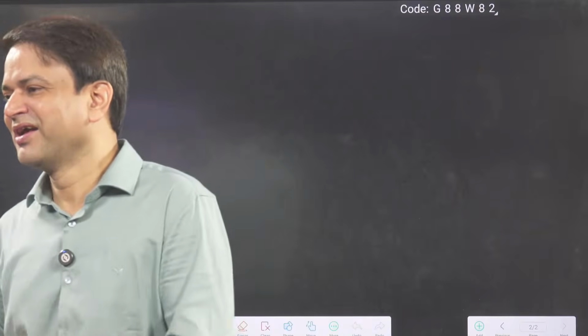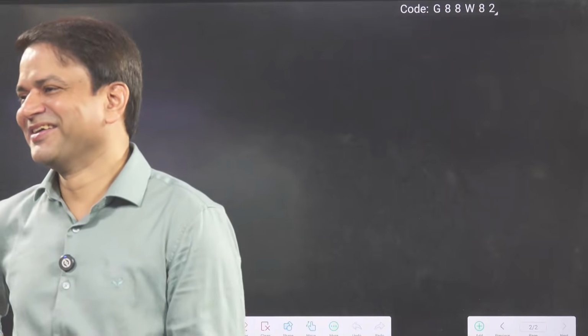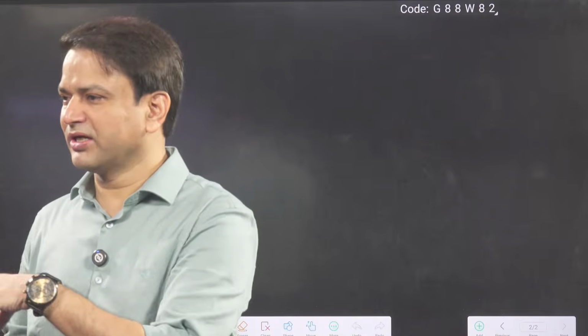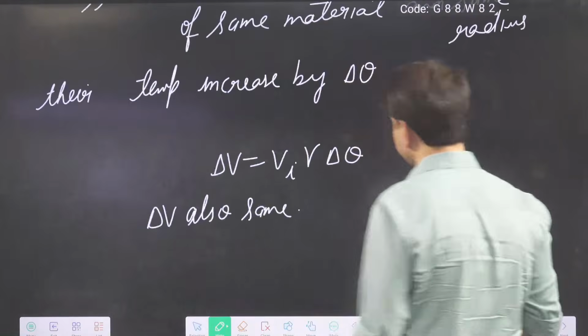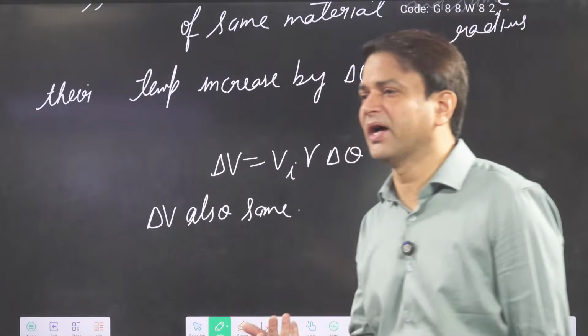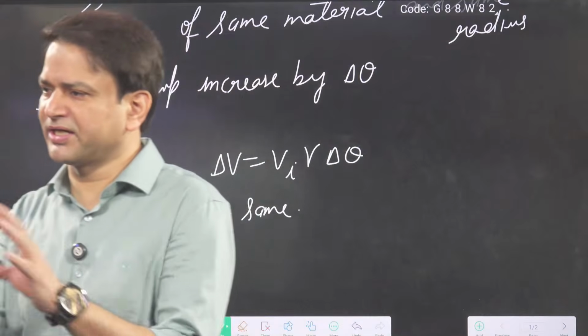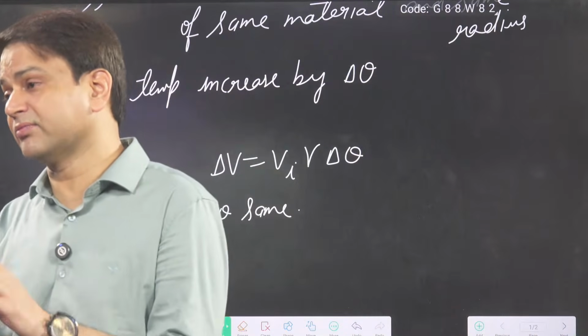Second question. A similar question. Suppose both spheres have the same mass, and the rest is the same: material same, change in temperature same. But they have the same mass.